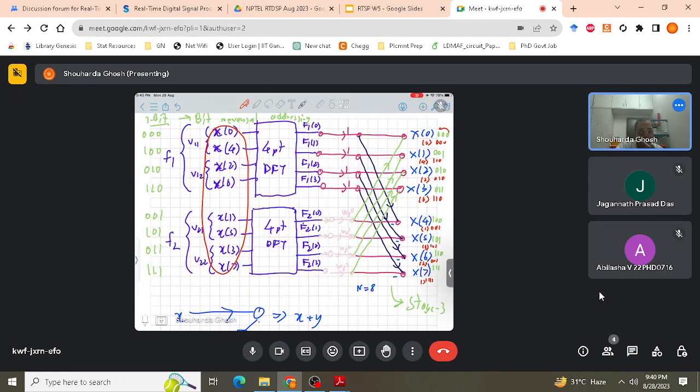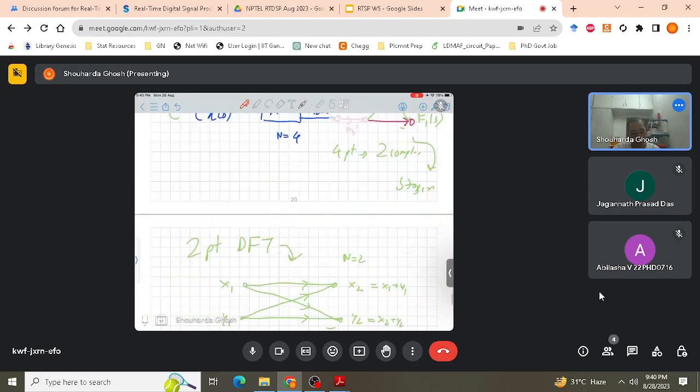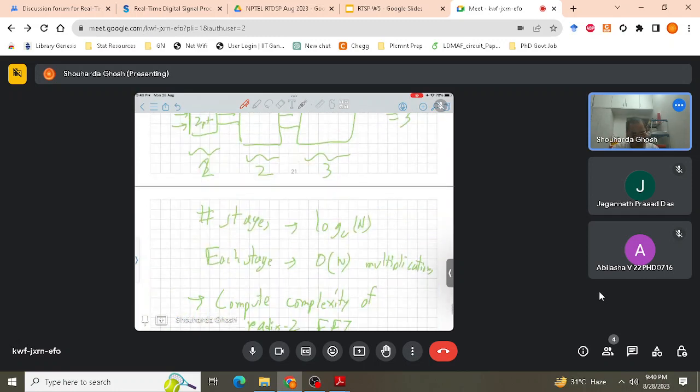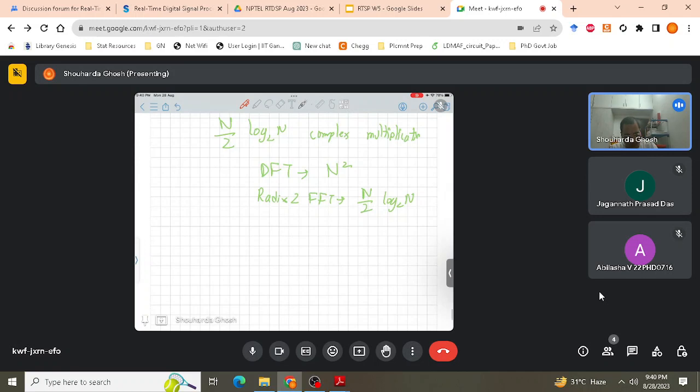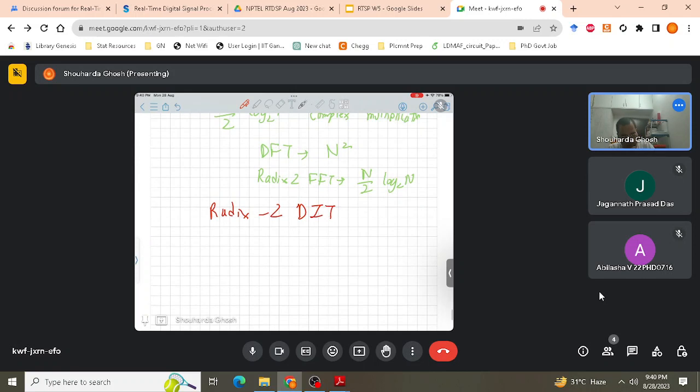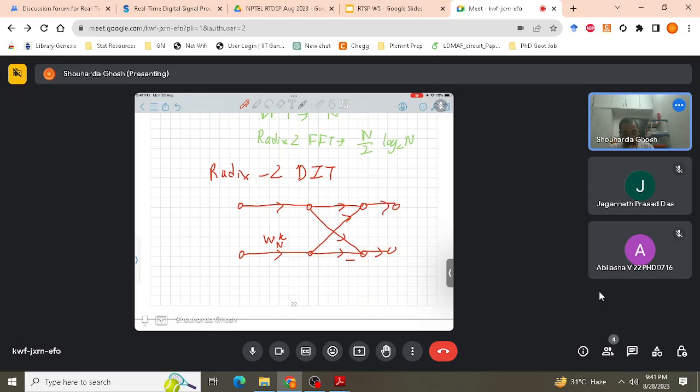Now one important thing, the unit structure for a radix-2 DIT is this: the twiddle factor W_N^k and the butterfly.